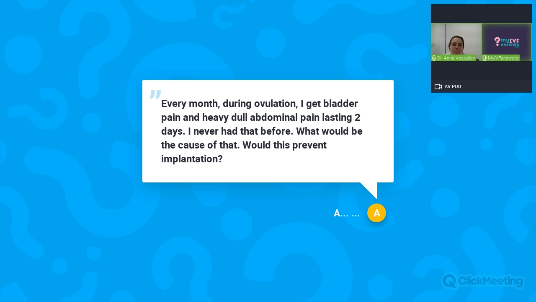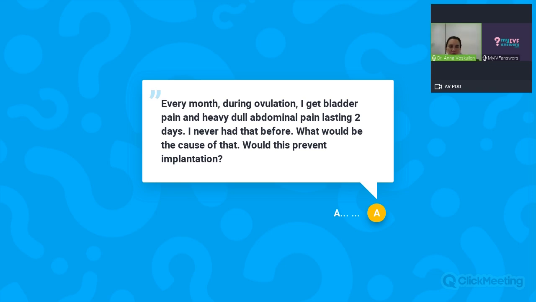That's a good question. During ovulation, there's a movement of the genital tract. Also, there can be some contraction, or when you ovulate, the ovaries are moving a little bit, and this creates a little abdominal discomfort.